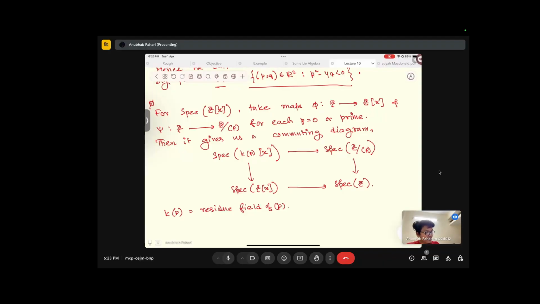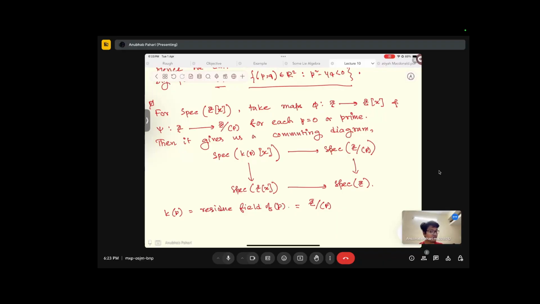So that means it is of the form Z by p, because Z is an integral domain, or to say a commutative ring with identity. So if you take the quotient with a maximal ideal, then you will be getting a field, and that is called a residue field.